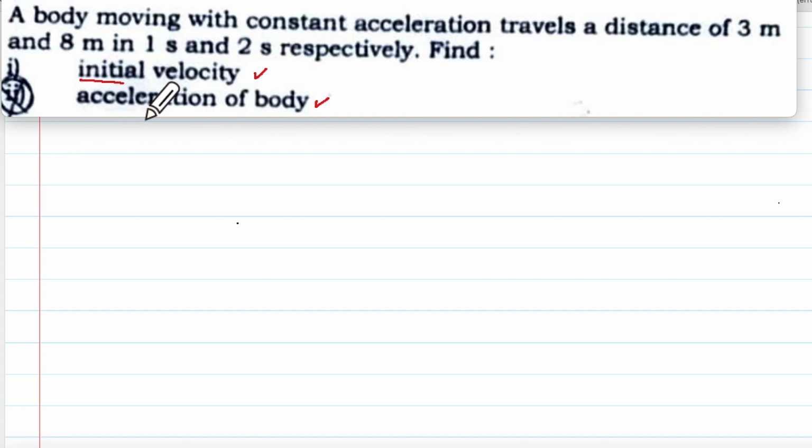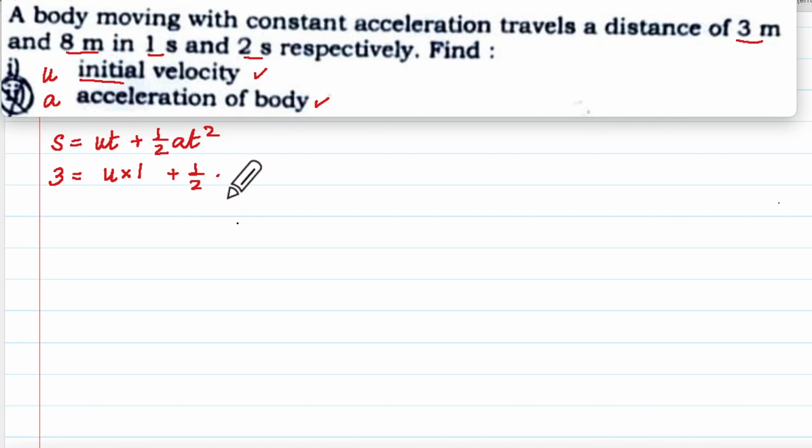The formula will have initial velocity, which means u, acceleration, that is a, and the distance and the time. So we will use the formula S is equal to ut plus half at square. Now for the first second, your S is 3 meters, your initial velocity is u, time is 1 second, so plus half a into 1 square.